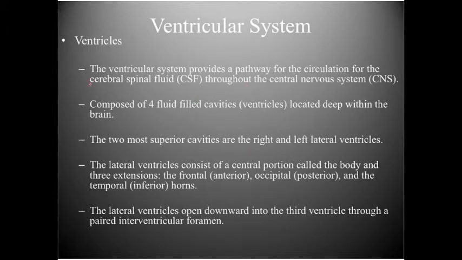So the CSF is very important, and maintaining it is very important as well. Much like the heart has ventricles for pumping, the brain has ventricles which allow passageways for the cerebrospinal fluid. The brain is composed of 4 fluid-filled cavities, called ventricles, located deep within the brain. The 2 most superior cavities are the right and left lateral ventricles.